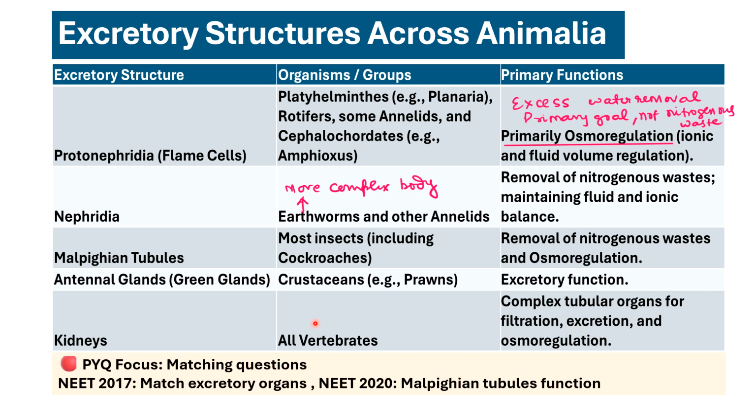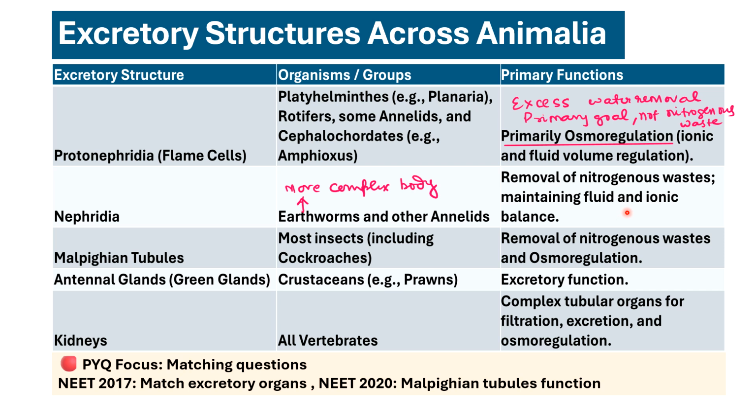They are found in almost all the vertebrates. So examples of the excretory structures along with the animals are very important, and you must remember that Protonephridia has one primary function, osmoregulation. Others have a dual function, removal of nitrogenous waste as well as osmotic regulation.